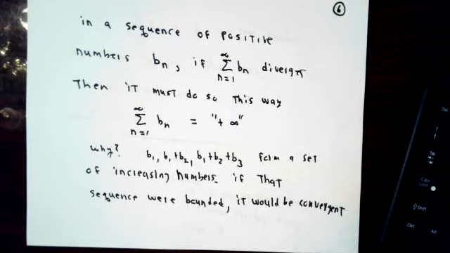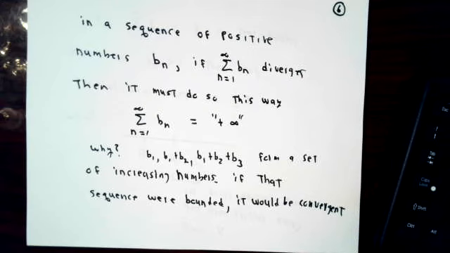If you're adding up a bunch of positive numbers, which for the moment I'm going to call b sub n, if that series diverges, then there's only one way that it can diverge. It must add up to plus infinity, to use horrifically bad numbers. Why is that? Think about the sequence of partial sums for the b series. b1, b1 plus b2, b1 plus b2 plus b3, and so on.